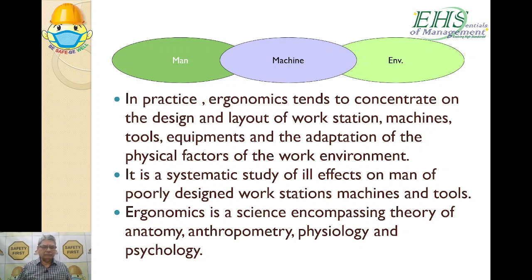So humans have a certain anatomy. Anatomy means the structure of our body, our bone structure, our muscle structure, isn't it? Our internal organs which are inside, and how they are arranged. Whatever there is inside our body, when we study it, it is called anatomy. Anthropometry I have already discussed. Physiology means the way we move around, the way we eat and drink, the metabolism of our body, and so on.